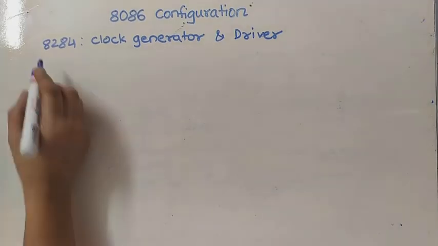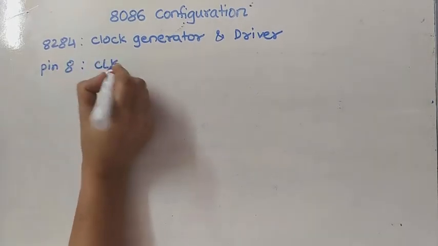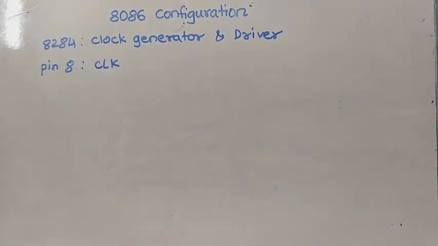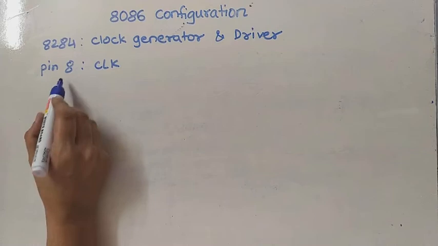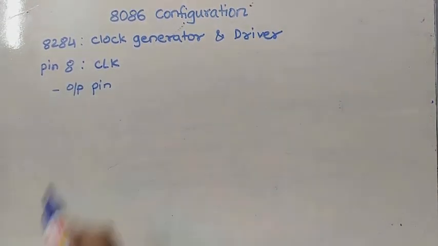Pin number 8 is the clock pin of 8284. It is the output pin of this 8284, and the processor clock signal is available on this pin.